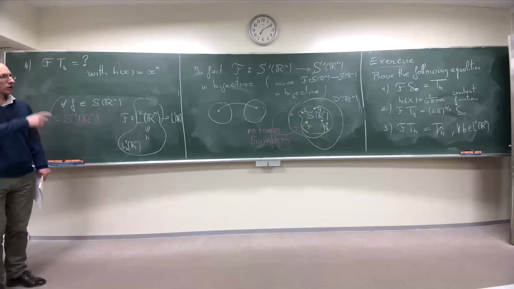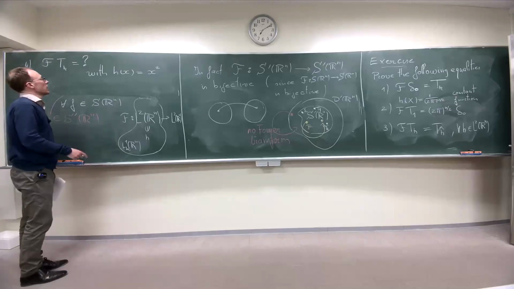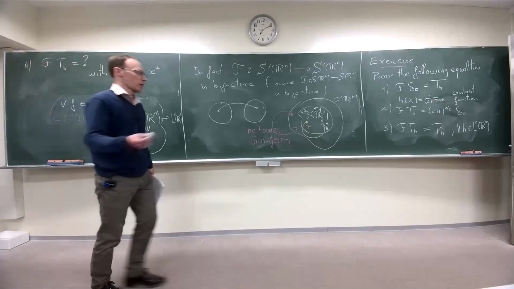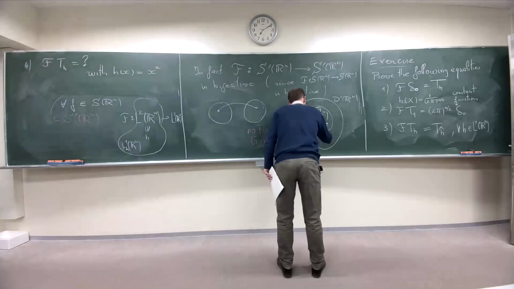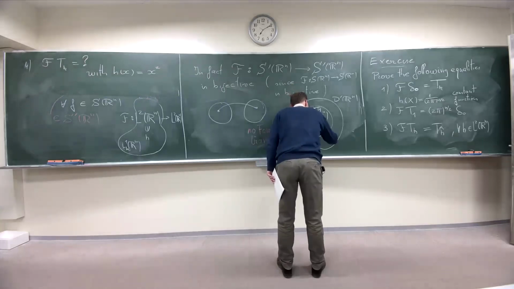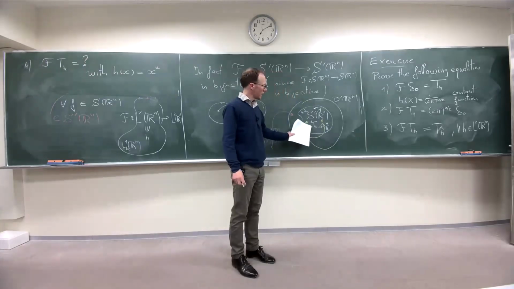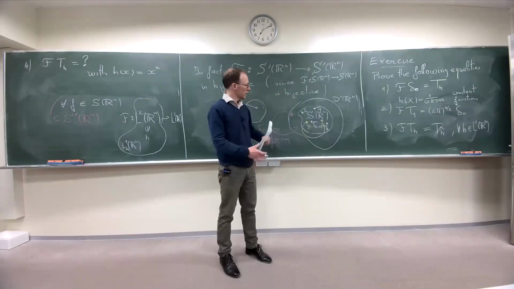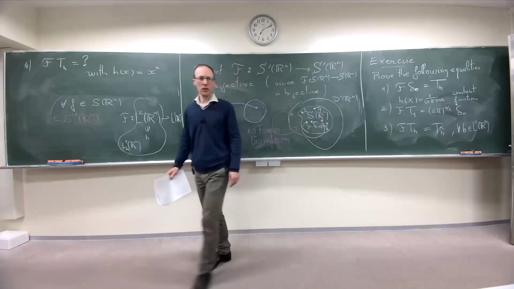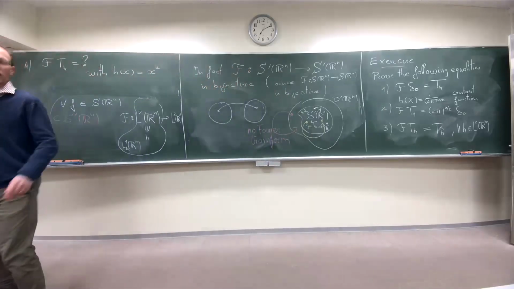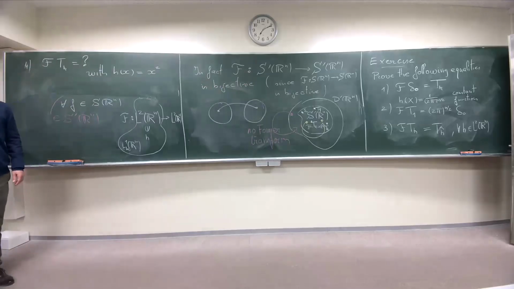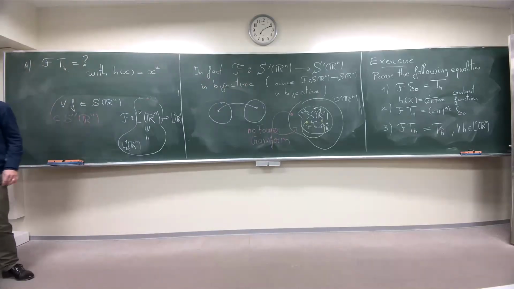So take the function x goes to x squared. It's in L1 loc. But first check that this regular distribution is in fact a tempered distribution. So you can take the Fourier transform, and the Fourier transform is something. And please compute this something.